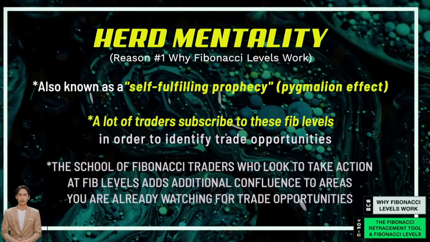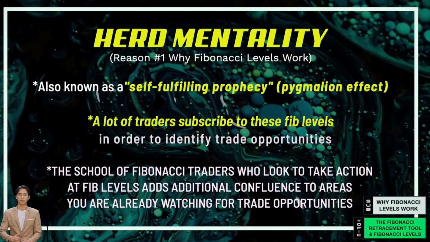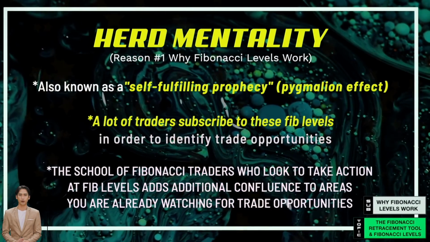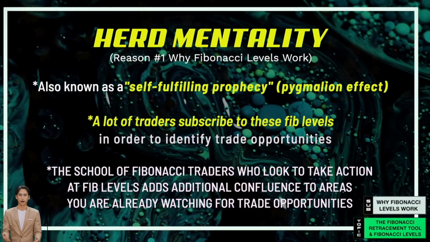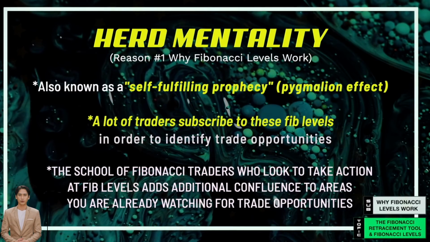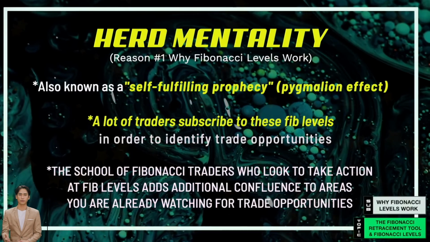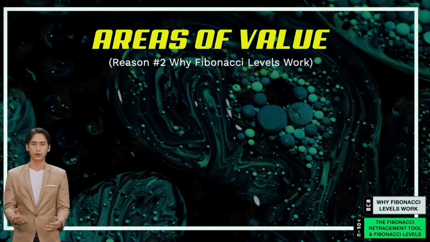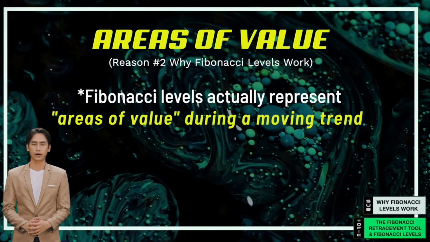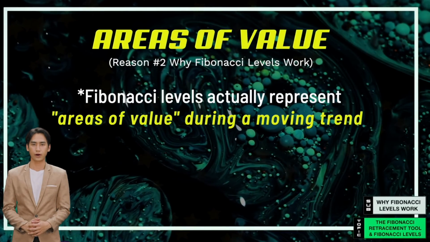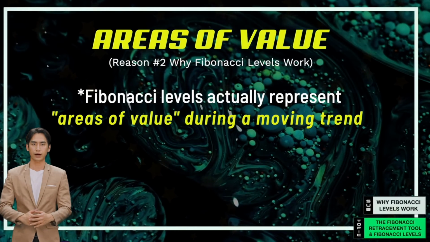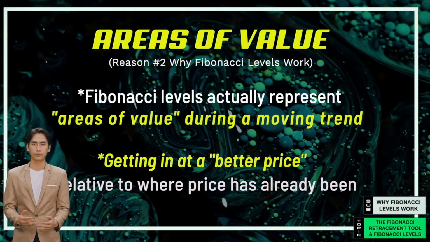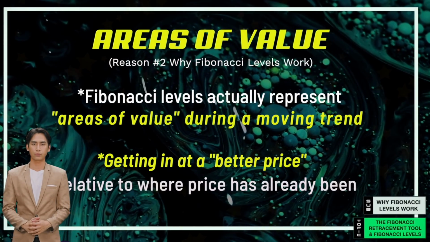To be more specific, the school of Fibonacci traders who look to take action at fib levels adds additional confluence to areas you are already watching for trade opportunities. And we'll dive deeper into this in the next section. And the second reason Fibonacci levels work is because Fibonacci levels actually represent areas of value during a moving trend. Or more specifically, you're getting in at a better price relative to where price has already been.